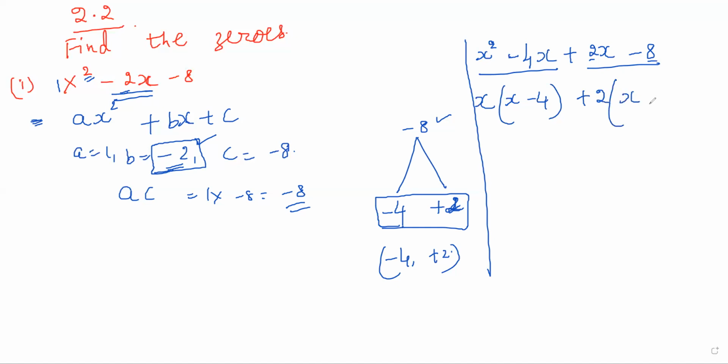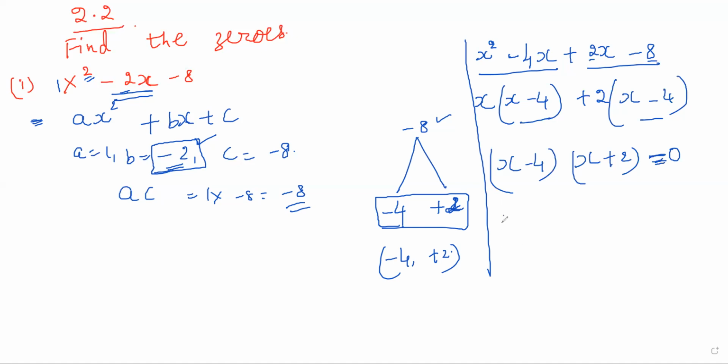So x is remaining here, minus 4. So x minus 4, both are the same. You can take it as a common factor and the remaining terms are x plus 2, equal to 0. We are finding the zeros, that's why you put equal to 0.